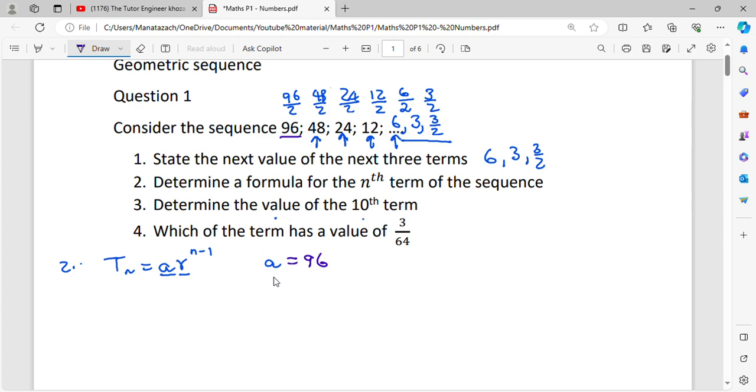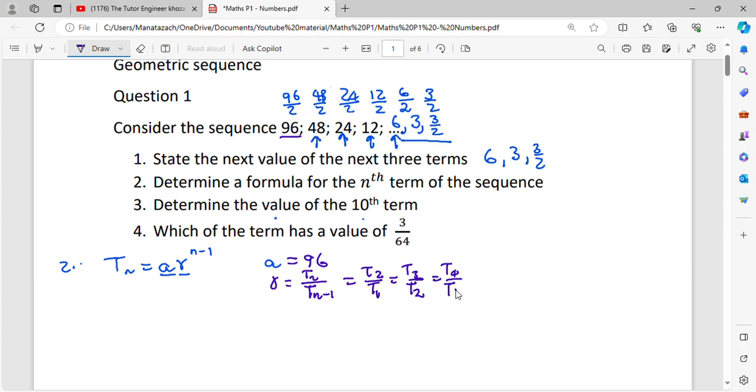r is actually you divide a term by the one preceding it. So the formula for calculating r is Tn divided by Tn minus 1. So we can find r by dividing T2 by T1, or we can divide T3 by T2, and so on and so forth.